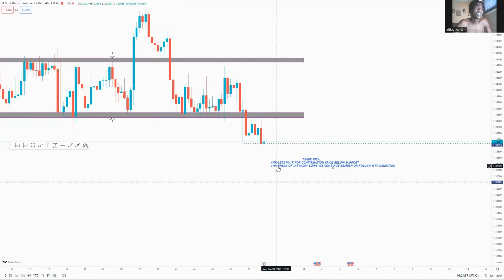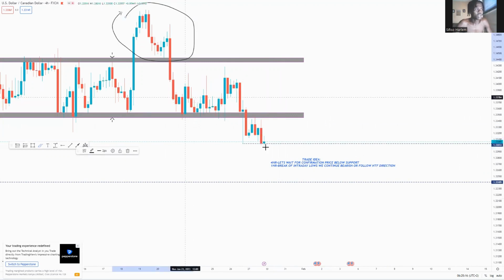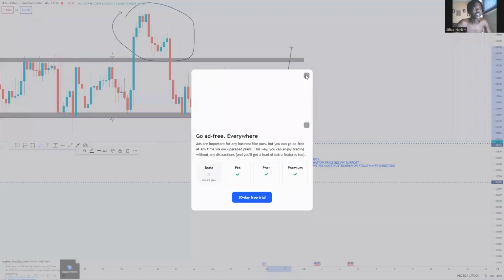On the hourly, once we break out of intraday lows, we continue bearish, or we follow our higher time frame confirmation. Like I say, if price breaks the lows, we retest and continue to the downside. But if price reacts from the zone, then we take the trade again. But if price does this right there and comes back like this and retests, then we look forward to continuation to the upside till we hit resistance.